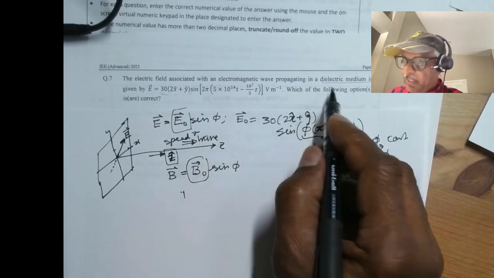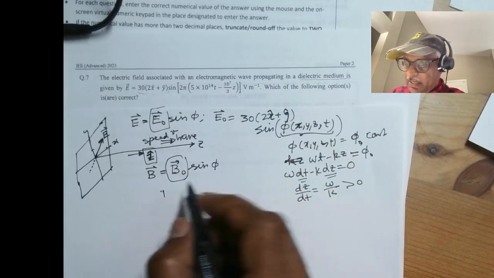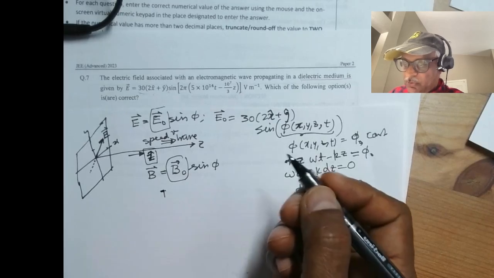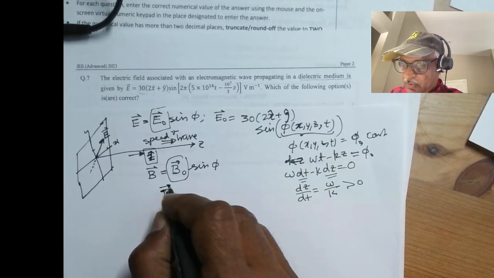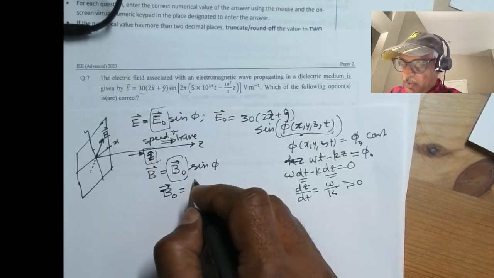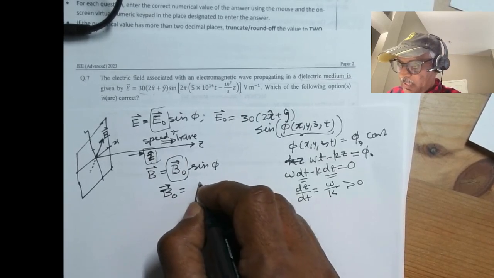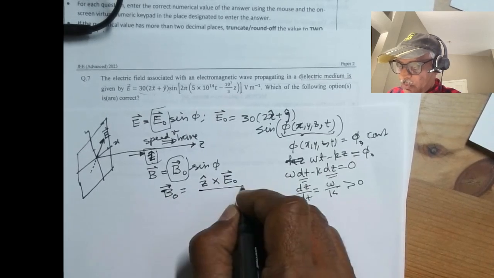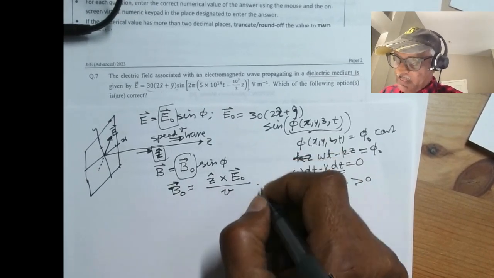In this problem actually it's going through a dielectric medium, so it's not in a vacuum. You can write down from Maxwell's equations, B0 is equal to the direction of the wave, so here is z hat cross E0 over V.